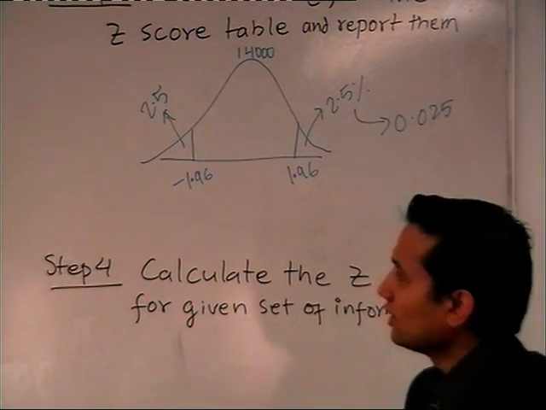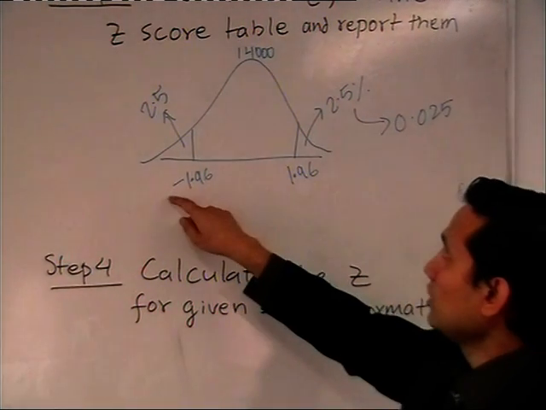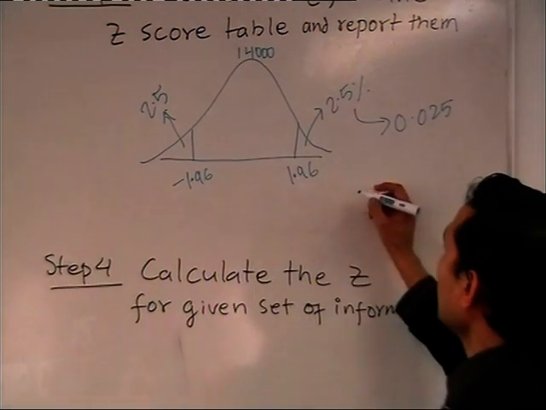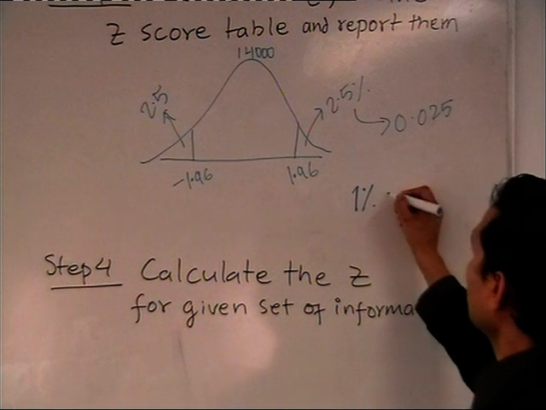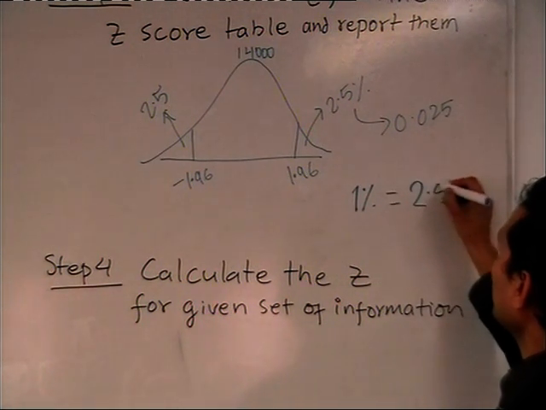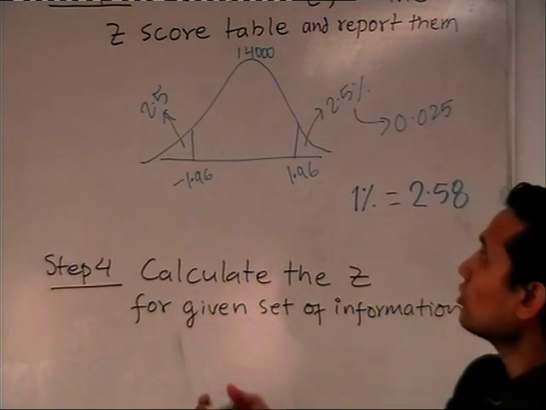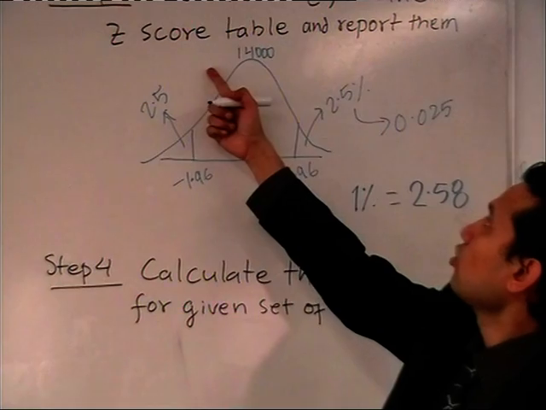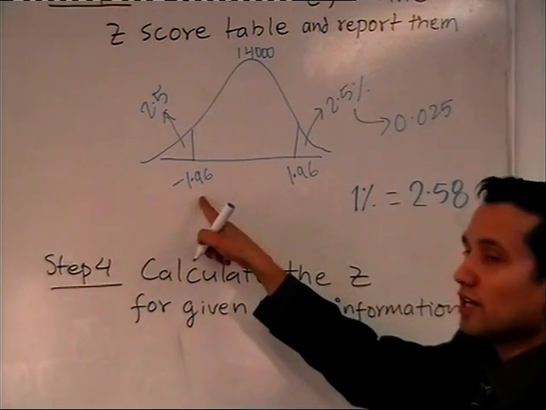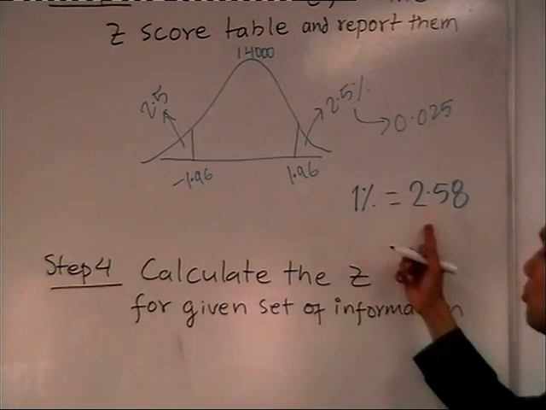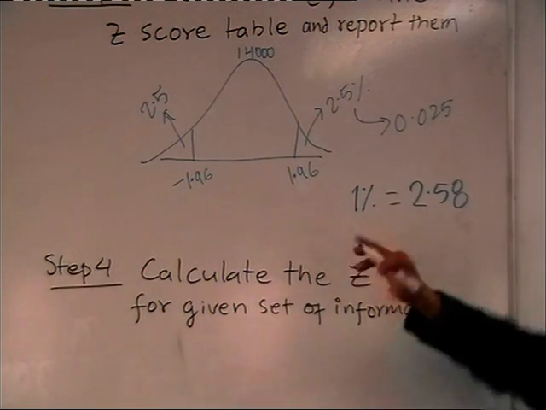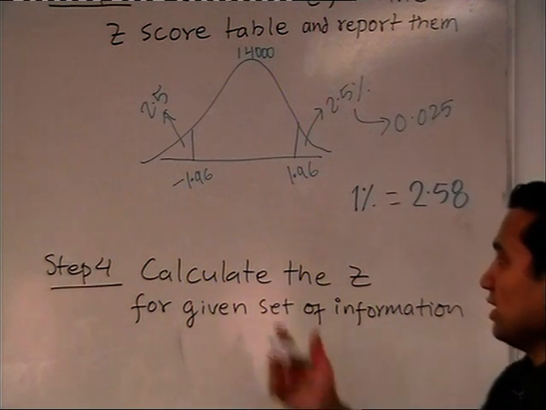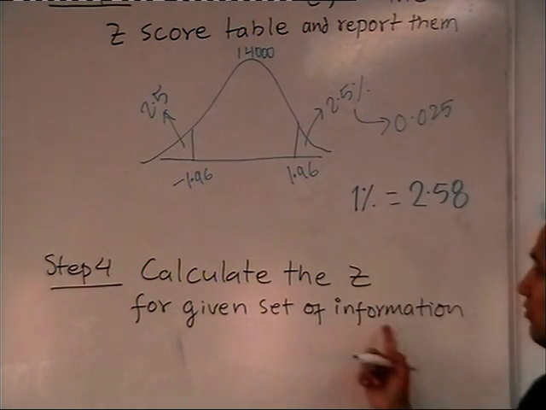When you report this value for 1%, following the same procedure, the z-score will be 2.58. So at 5%, for a two-tailed test, the z-score table gives 1.96, and 2.58 for 1%. Just report these values. Step 4, perhaps the easiest step, is to calculate the z for the given information.